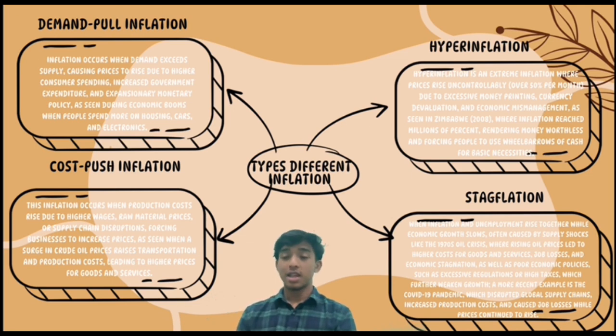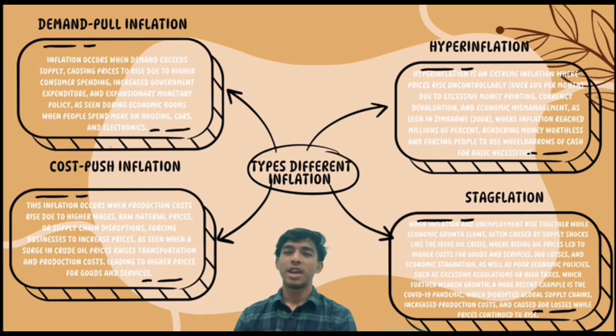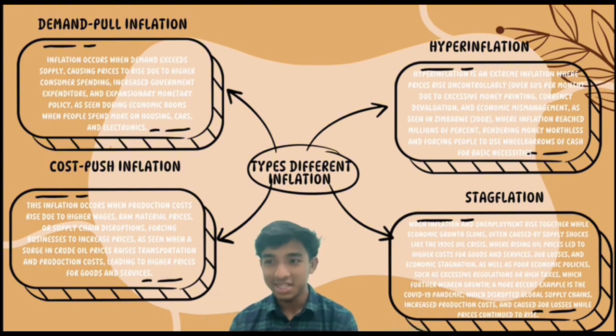So, the last type of inflation is stagflation. Stagflation is when inflation and unemployment rise together while economic growth slows, often caused by supply shocks like the 1970s oil crisis.